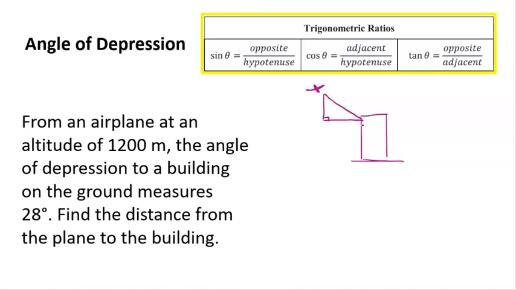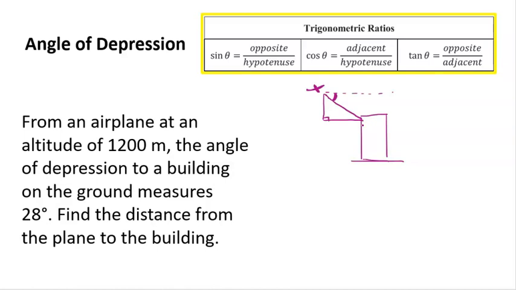Now, angle of depression, this is where a lot of people get confused. If we're looking at the plane and the plane is going straight, right? If we're talking about it going straight and then we're looking at the angle in which it would go down towards the building, that is going to be your angle of depression.